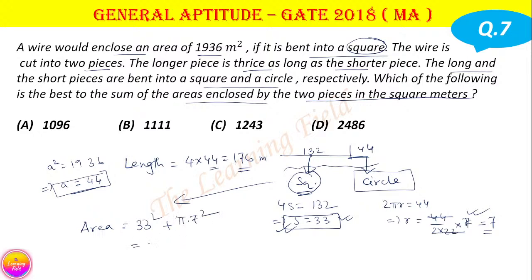So this is equal to 1089 plus 22 upon 7 into 7 into 7, which is 1089 plus 154, equal to 1243. So this is the correct answer, option C here.